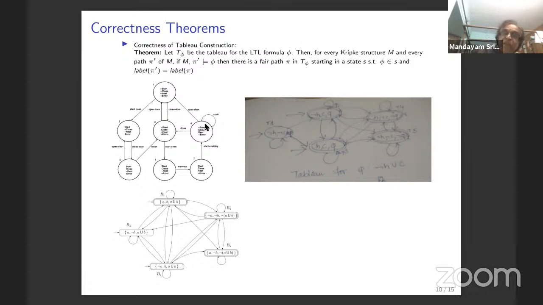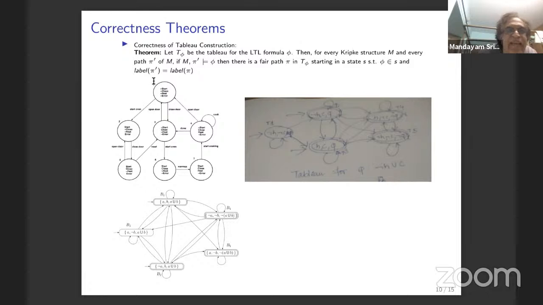So for any Kripke structure, as long as the labels are consistent, that is what it is. So if phi is true, you extract. So what I'm doing here is label of pi prime equals label of pi.